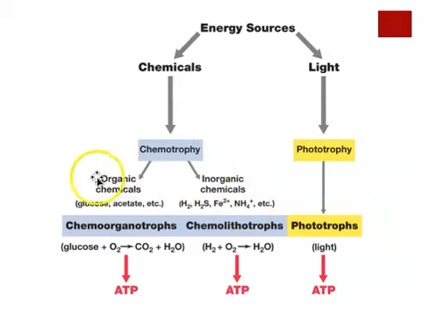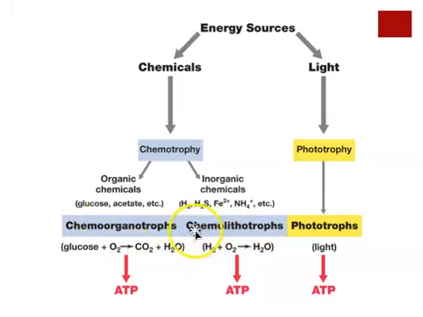So for the organic group, we're going to call them chemotrophs, but more specifically, we're going to call them chemoorganotrophs. Break that word down to mean an organism that gets its energy from organic chemicals or molecules.